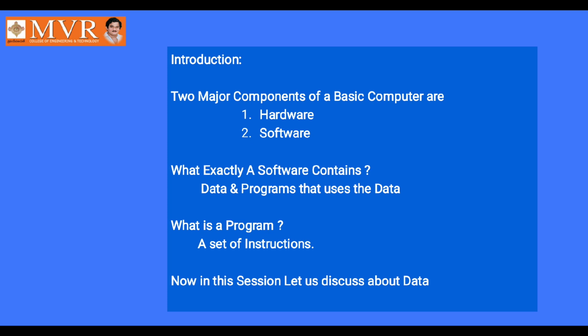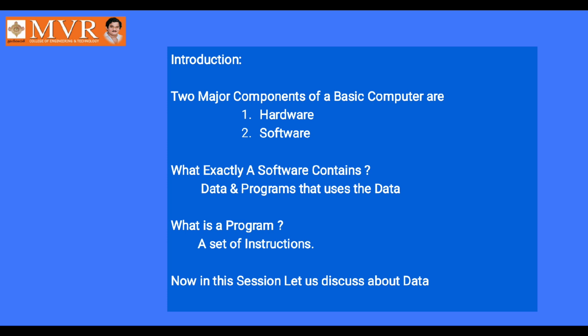But if you want to execute those instructions grouped together as a program, we need certain data. It may be input data or output data, whatever it is. Once you start executing a program, it receives data from the input device, and after performing some process, temporary processed data will be available, and finally the end result output data will be displayed on the monitor or on any output device.